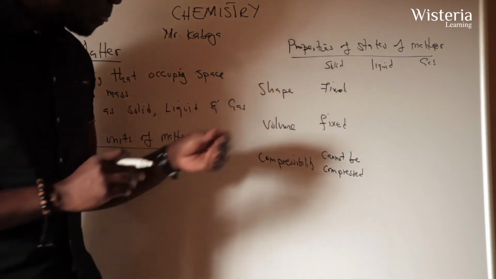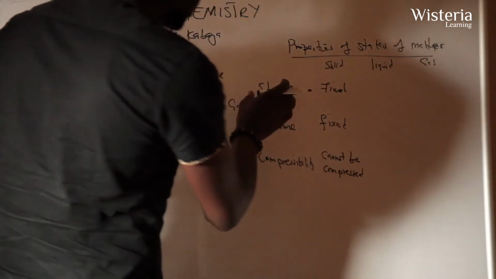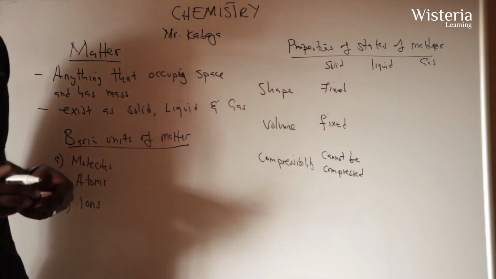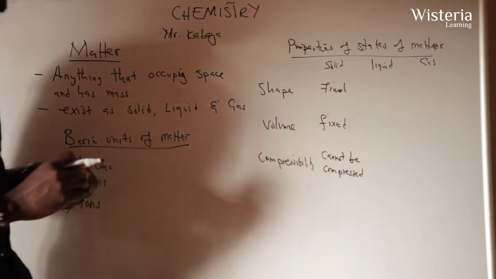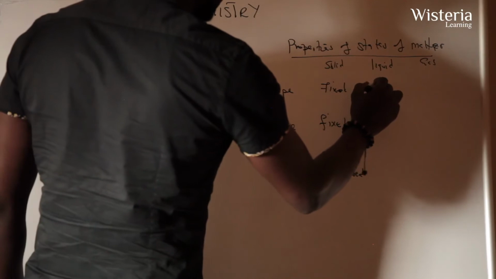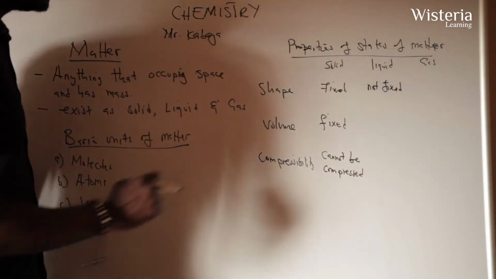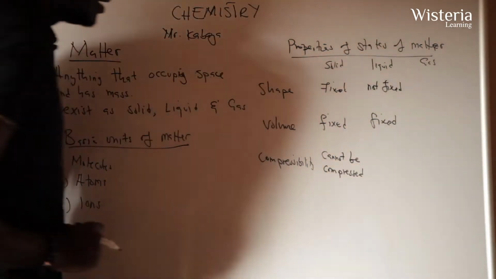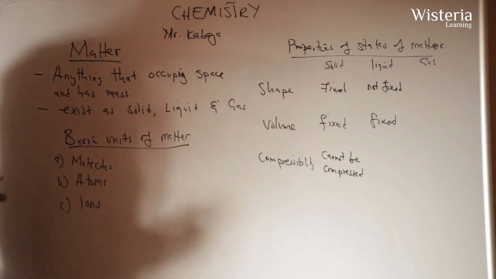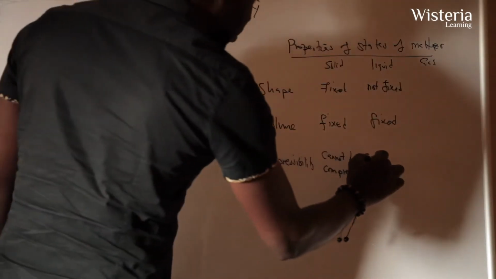For a liquid, the shape is not fixed because it takes the shape of the container. It has a fixed volume. And because the particles in a liquid are loosely packed, it can be compressed slightly.